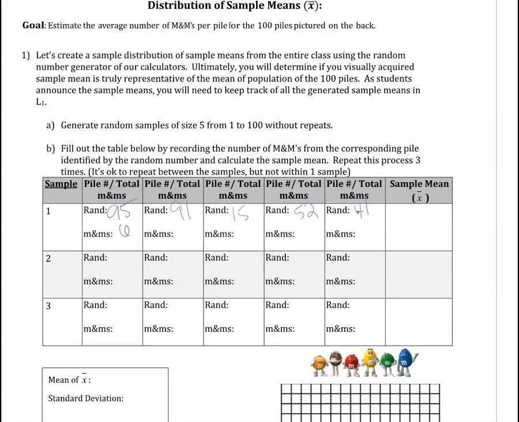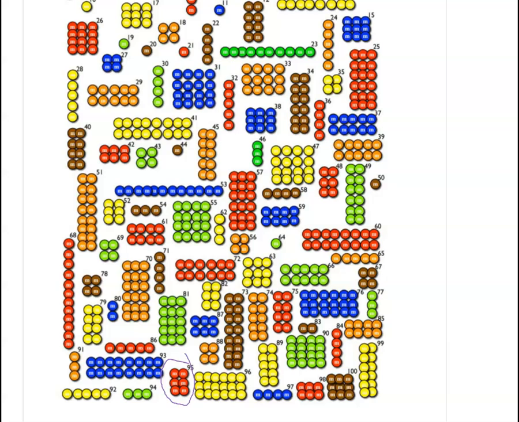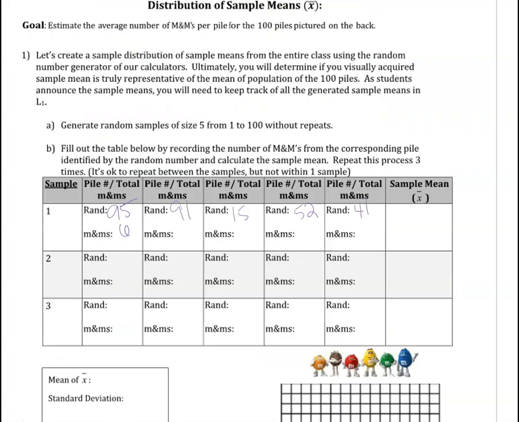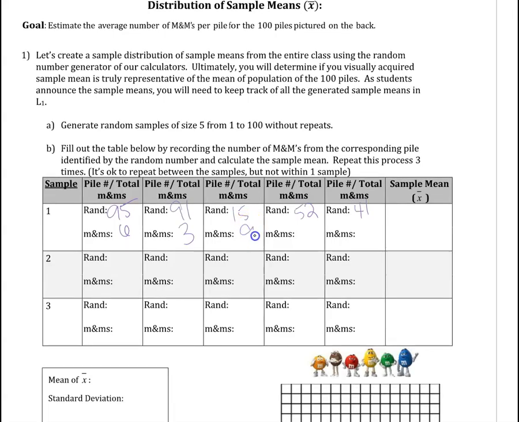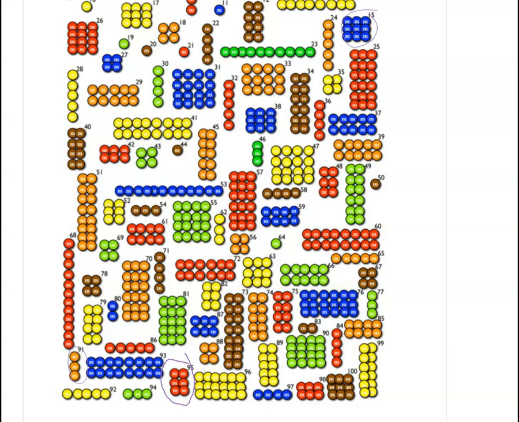Okay, and then I go to my sheet and I'd find the number of M&Ms per pile. So go to my sheet. Okay, 91. Looks like he has 3. 15, he's up here, 3 by 3 is a 9. 52, it's like a little Where's Waldo here.